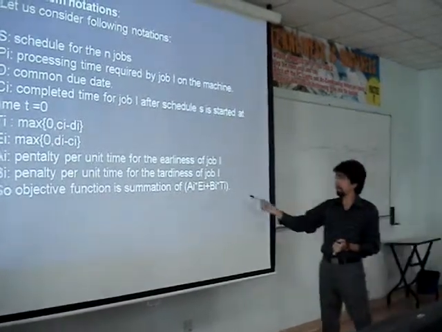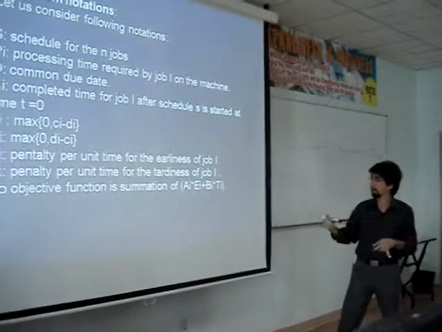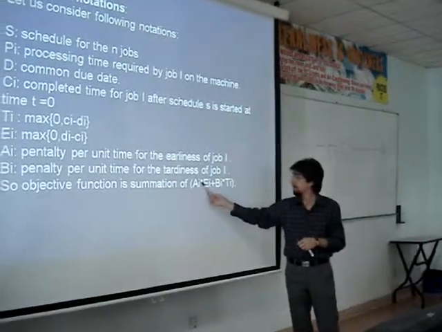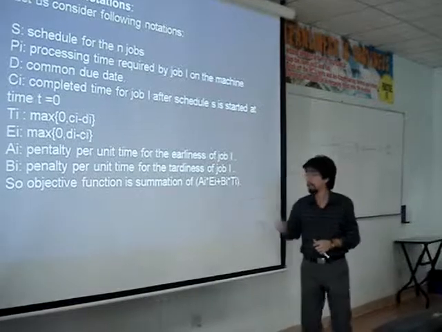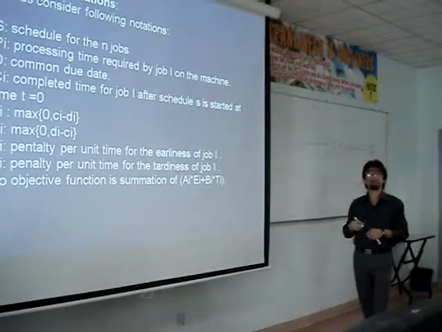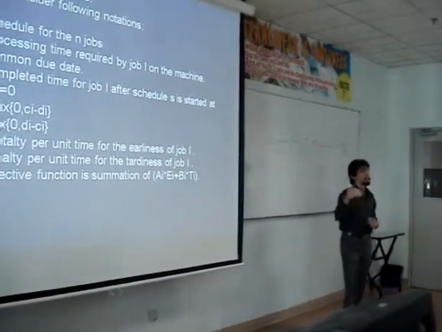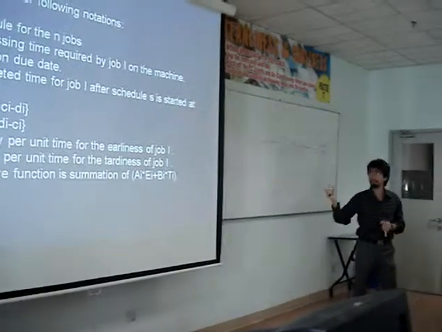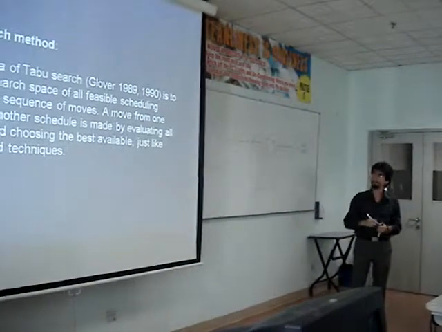The formula that we use to calculate the penalty is Ai times Ei plus Bi times Ti. In the next slide, I show you these items with a numerical example.